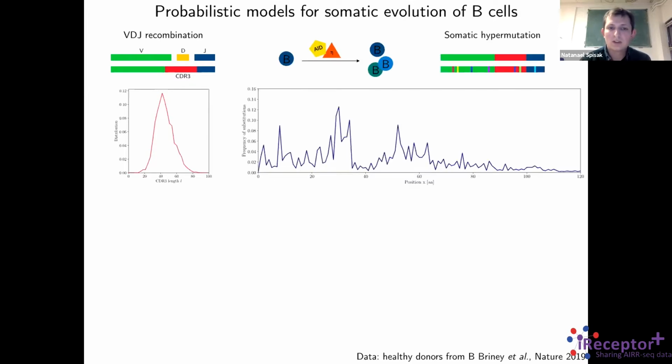But as we know, that's not the whole story, and B cells further diversify in the process of somatic hypermutation, where they further alter their genotype by point mutations mostly.